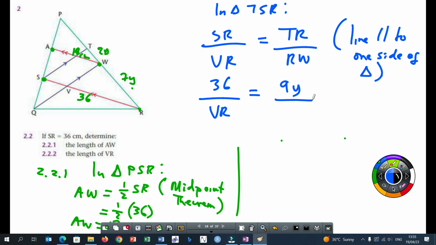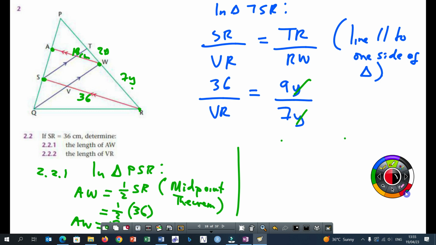Then my RW is going to be 7y. Do you see that those two will cancel out? So using that constant comes in handy, and you can be a master of answering these questions. If you understand that concept, you will never have any problems.